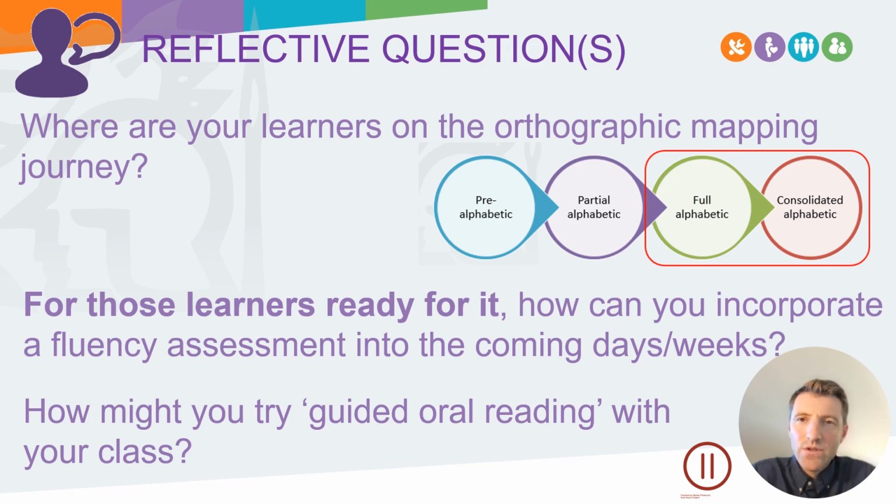How can you introduce a text, model it yourself, have your students repeat it, and then get them to reread that no more than three times in a pair, taking it in turns, giving feedback on how they did, and see the impact. Pause the video now for your conversations and then press play when you're ready.